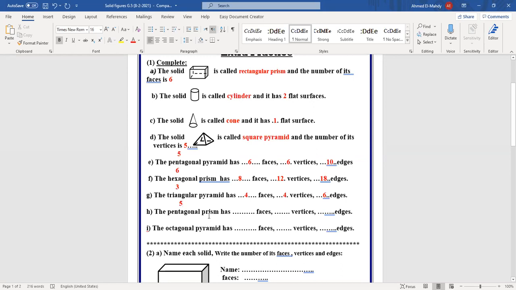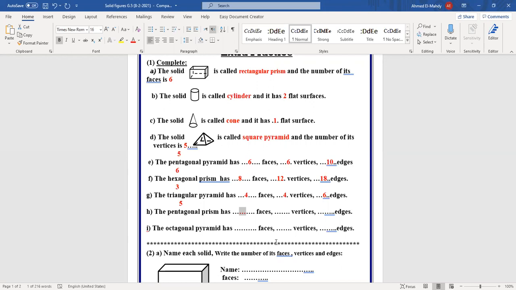In the prism, how can you find the number of faces? To find the number of faces, plus 2. To find the number of vertices, multiply by 2. To find the number of edges, multiply by 3.